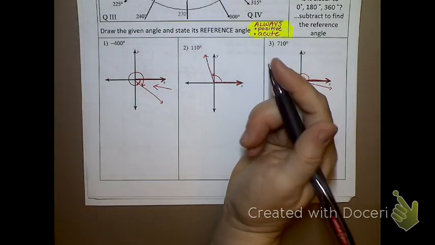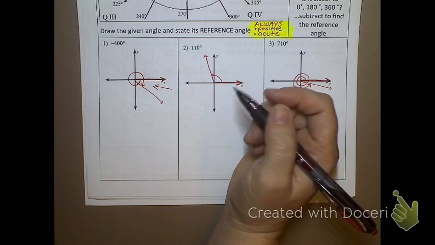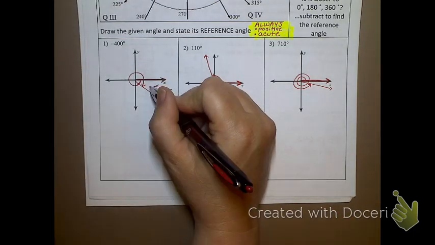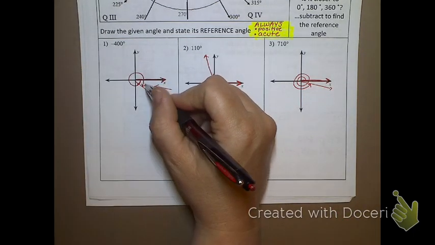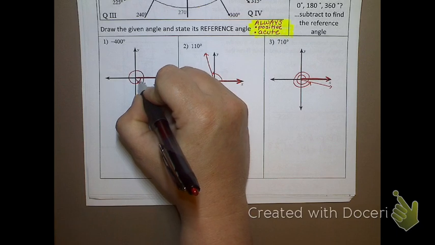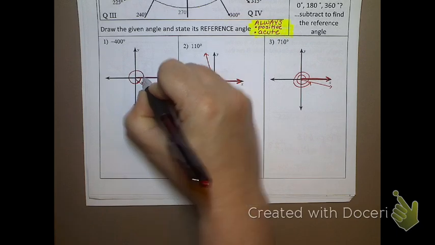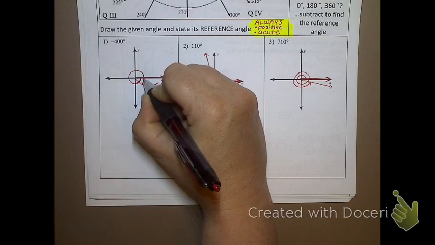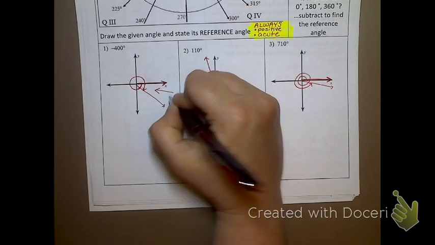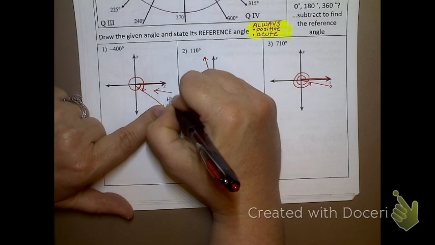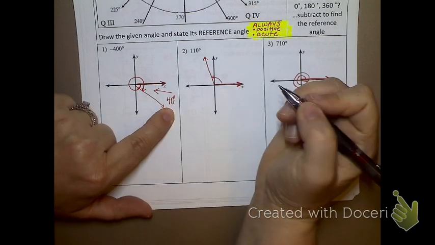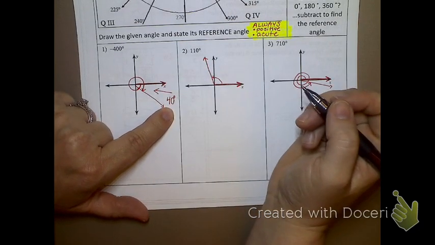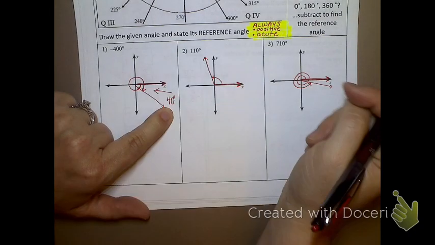So I have to figure out what's that degree measure. Well, I know that this whole angle was 400 degrees, in the negative direction. If going one revolution was 360 and going a little bit further to 400 gave me my angle, what is this reference angle in here? It is 40 degrees. Now, Mrs. Franken, why isn't it negative 40 degrees? That was a negative 400 degrees.